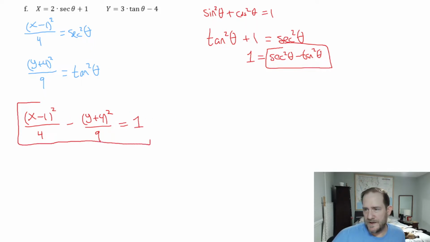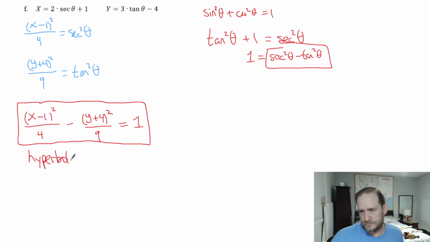We are now in rectangular form, and we should recognize that because both variables are squared, because the denominators are different, and because there's a minus sign down here, this is a hyperbola. Because the x squared comes first, it's going to open left, right, and have asymptotes like that. If the y squareds came first, then it would open up and down.